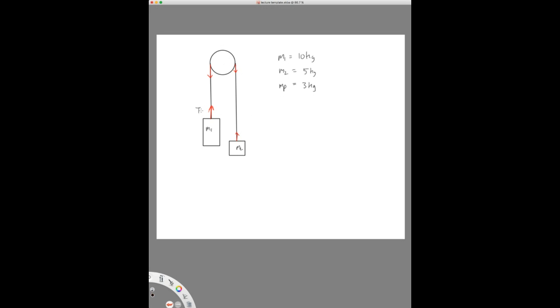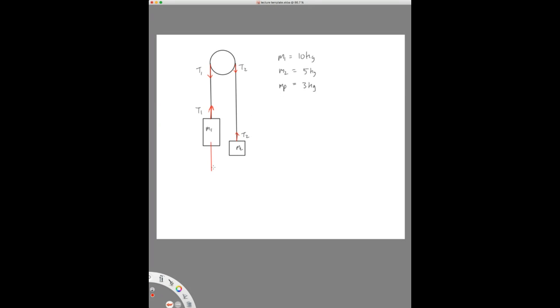So we're going to have a T1 pulling up on the mass 1 and a T1 pulling down on the pulley, and then a T2 pulling down on the right-hand side of the pulley and pulling up on the mass 2. And we additionally need to have forces of gravity.